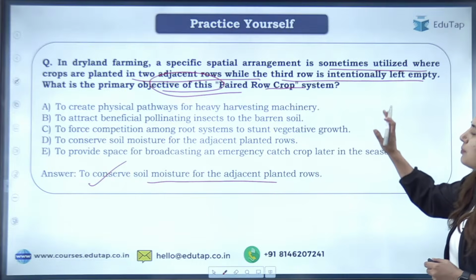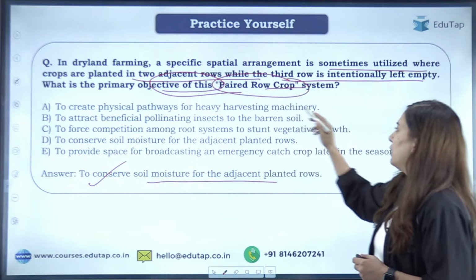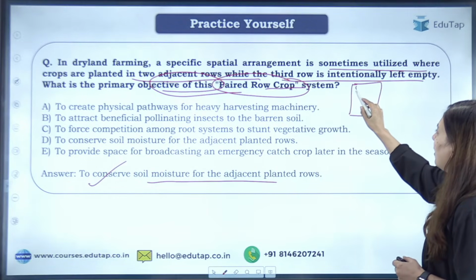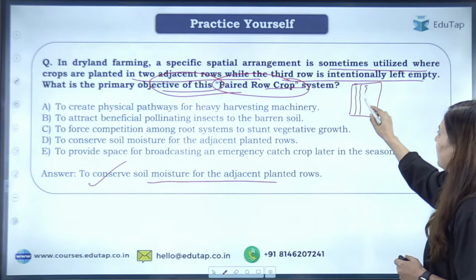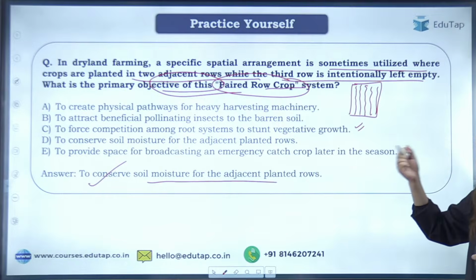So students, there is a system known as paired row cropping system where what we do, see, our general sowing method is that we sow crop in rows, right? So this is our general or the most common method used.